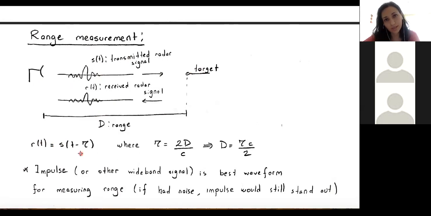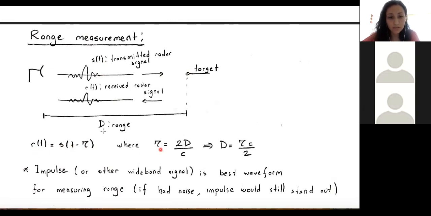There can also be amplitude changes, but that's not very critical, so we ignore that. The critical part of the received radar signal is that it's the delayed version of the transmitted radar signal, because it's going to travel this path of 2d length. And then we get the delayed version of this S(t). Let's call the delay tau.